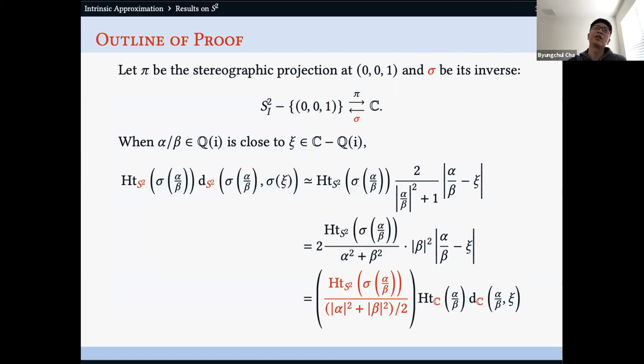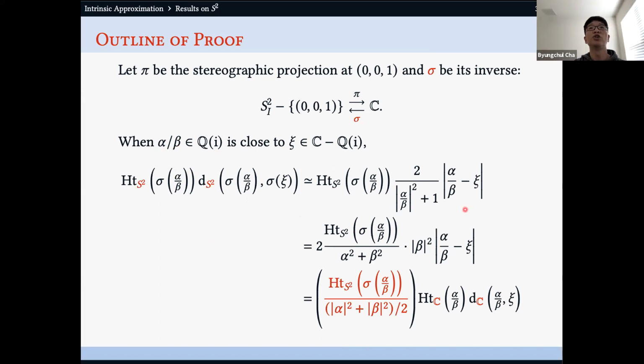So here's how it goes. Let's do the usual stereographic projection from (0, 0, 1), going down to (x + iy)/(1 - z). I'm going to call its inverse sigma. Now, if we have a rational point in the complex plane close to xi, we want to compute them using sigma, and we hope that they're matching.